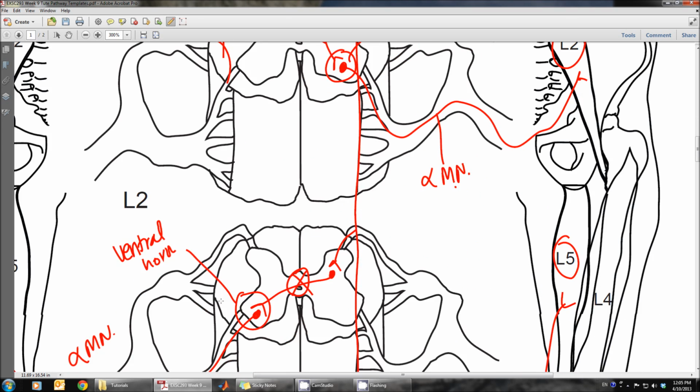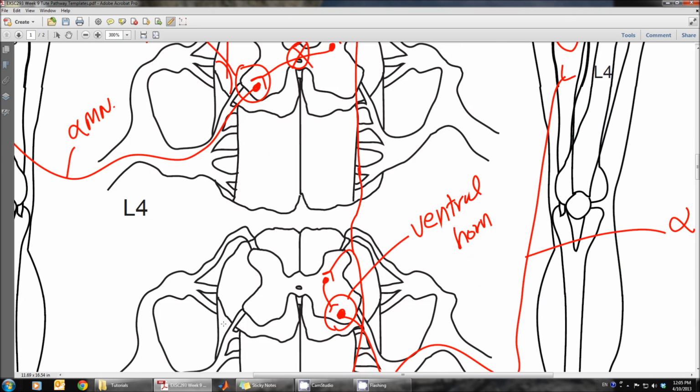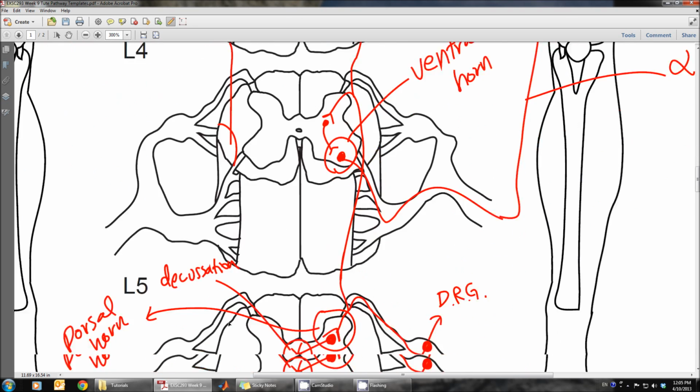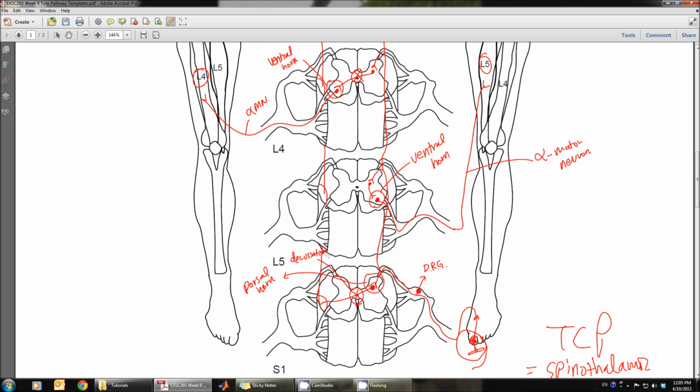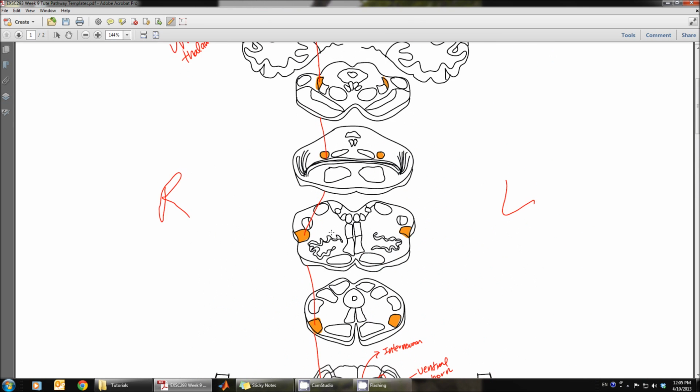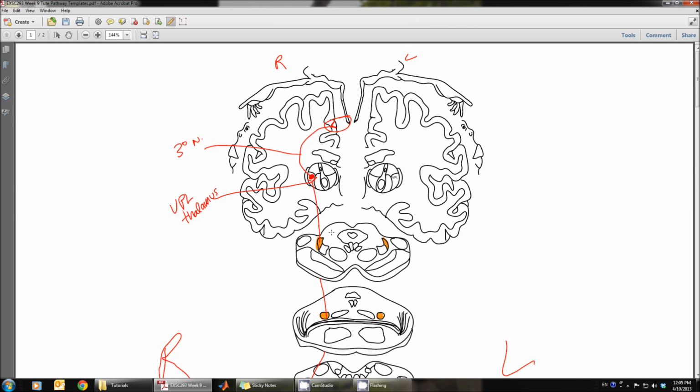It continuously goes down. Well, we have to say it goes up, but we are starting from the back, the other way around. So it goes through here, and finally this is the continuation of this axon. So you can see it crosses over at the spinal cord and goes all the way up to the VPL thalamus on the right side, and synapses with the third order neuron.